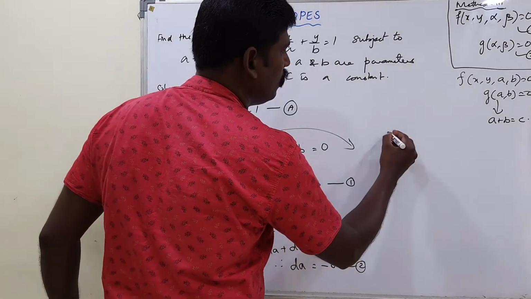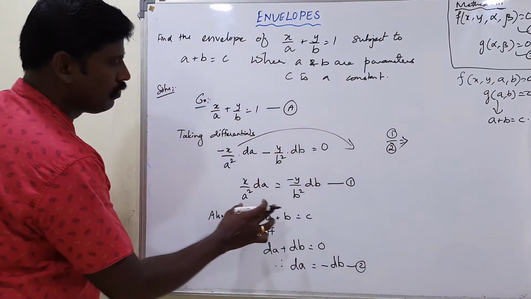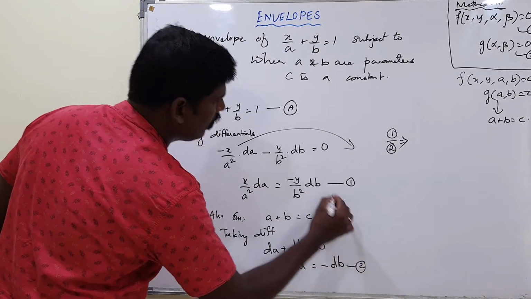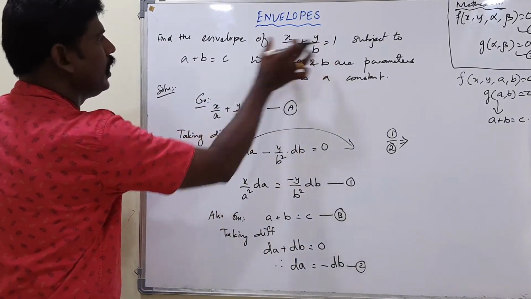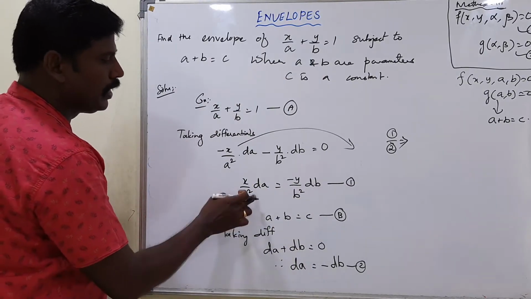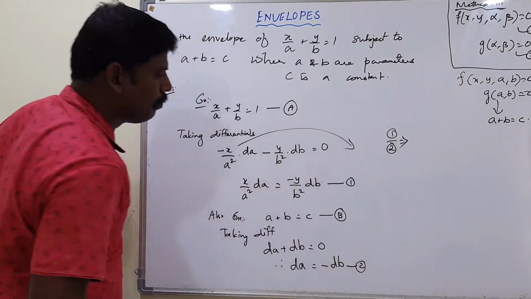Dividing 1 by 2, we call this equation b. Already we took the earlier one as a. These are the equations obtained by taking differentials, 1 and 2. Now I divide 1 by 2.